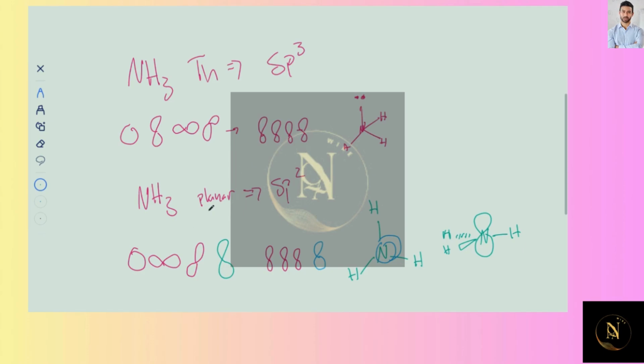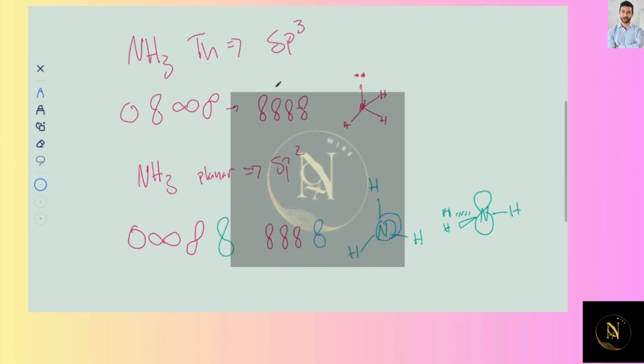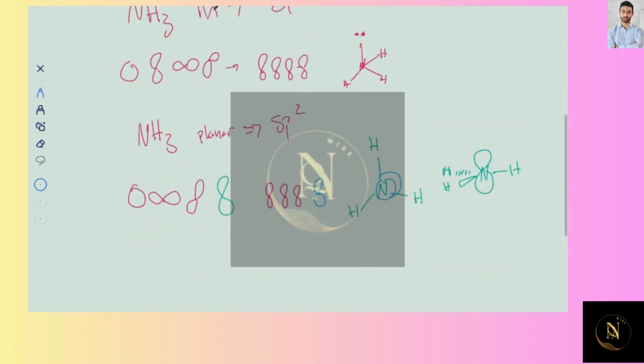So why is there an energy difference here? Well, remember that when we bring orbitals together, we create bonding and antibonding orbitals.